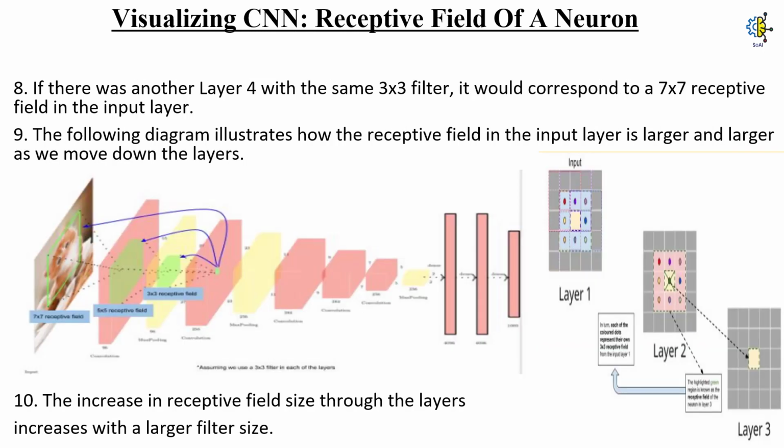If there was another layer 4 with the same 3x3 filter, it would correspond to a 7x7 receptive field in the input layer. The following diagram illustrates how the receptive field in the input layer grows as we move down the layers. The increase in receptive field size through the layers is greater with a larger filter size.